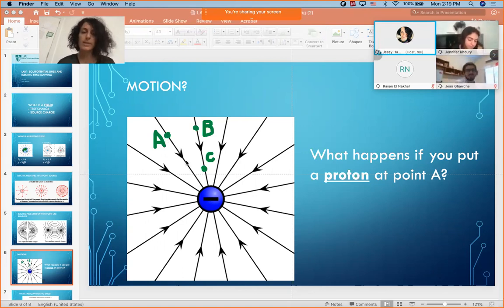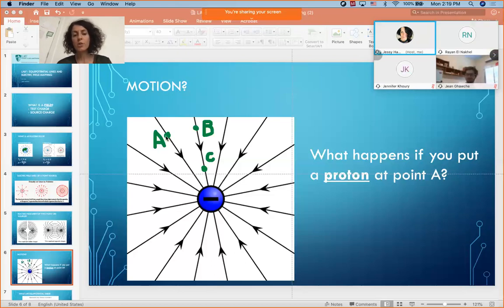Or I can simply say a proton will feel a force parallel to the electric field in the same direction due to F equals Q times E. So F and E will have the same direction if Q test is positive. So the proton will move in this direction. So if I put the proton at B, it will move from B to C, right?